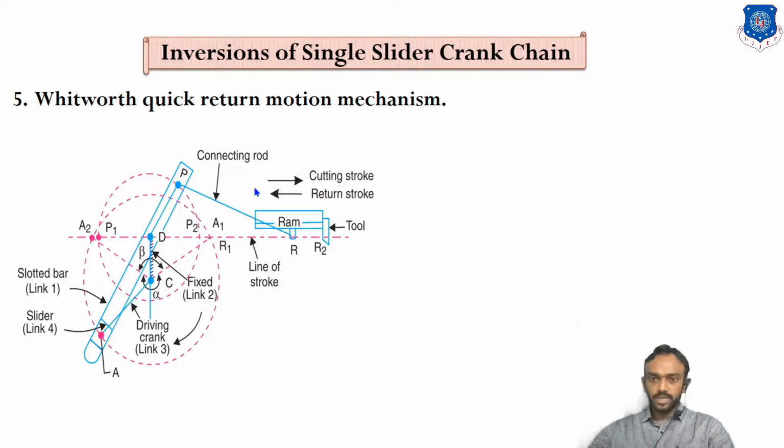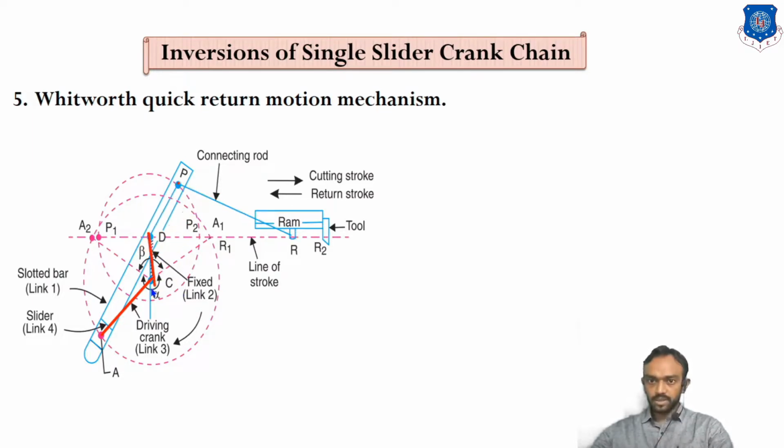You can see two circles in this figure. One is this larger circle, which is indicating the path of the piston, and with respect to that, this P point on the slotted bar, which is connected to the ram, is rotating.